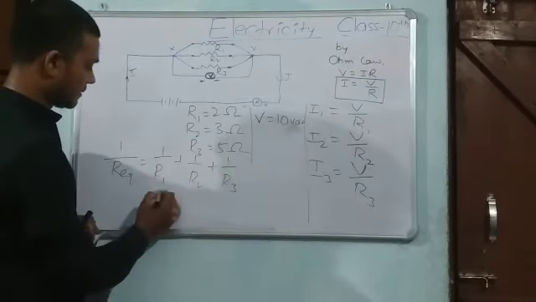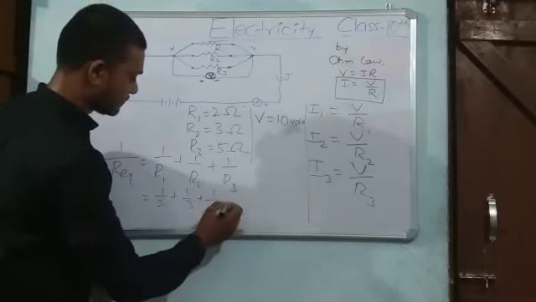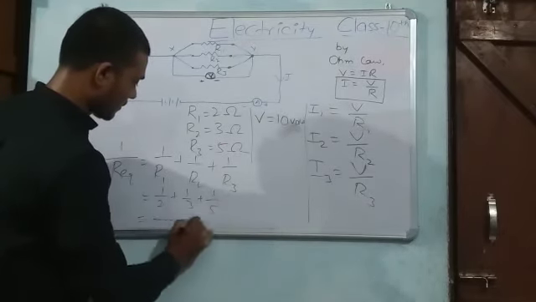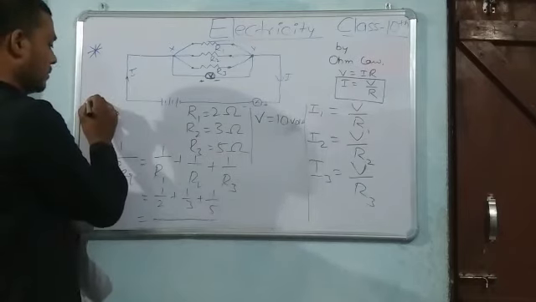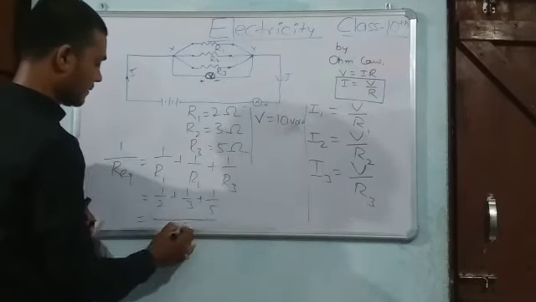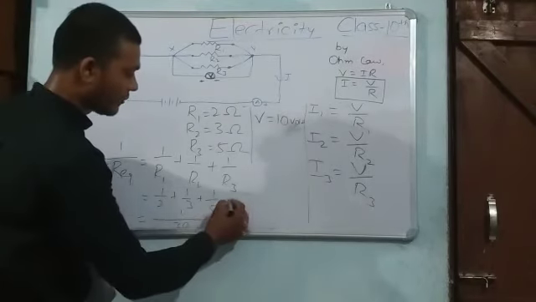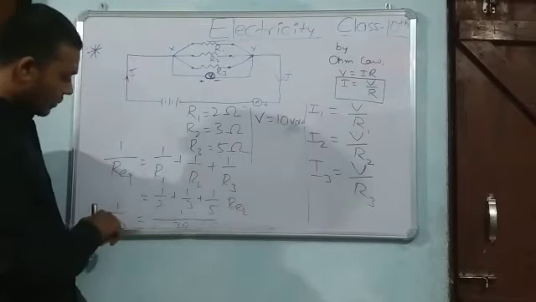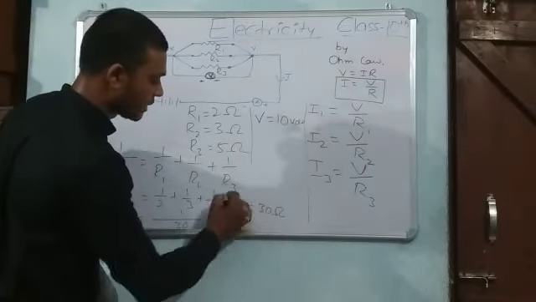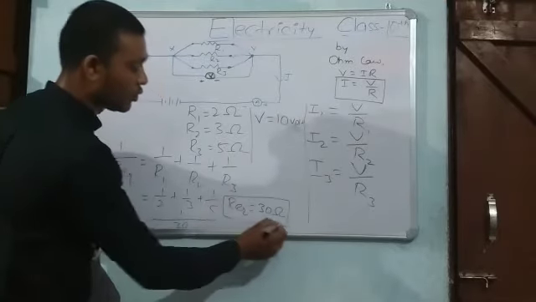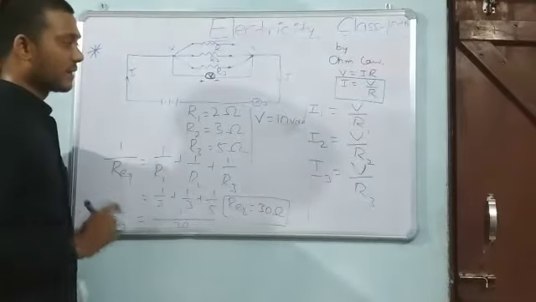That is 1 by 2, 1 by 3 plus 1 by 5, which is 1 upon 30 and 1 upon R equivalent. So R equivalent is equal to 30 ohm. So 30 ohm is the equivalent resistance of this entire circuit.